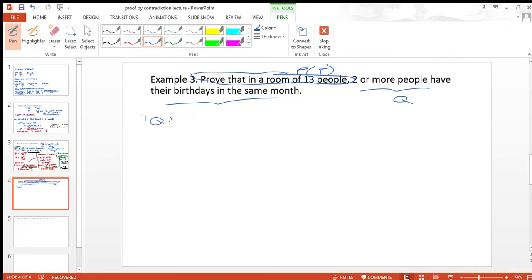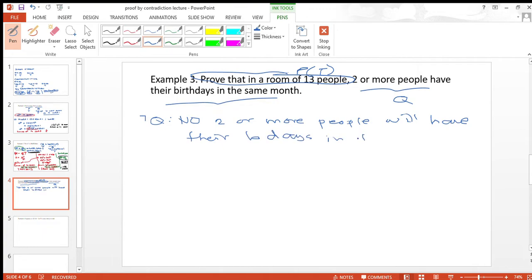So what will be not Q? No 2 or more people will have their birthdays in the same month.